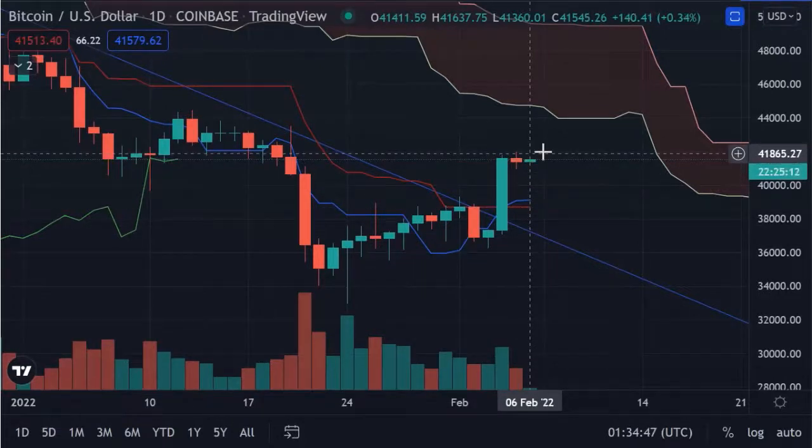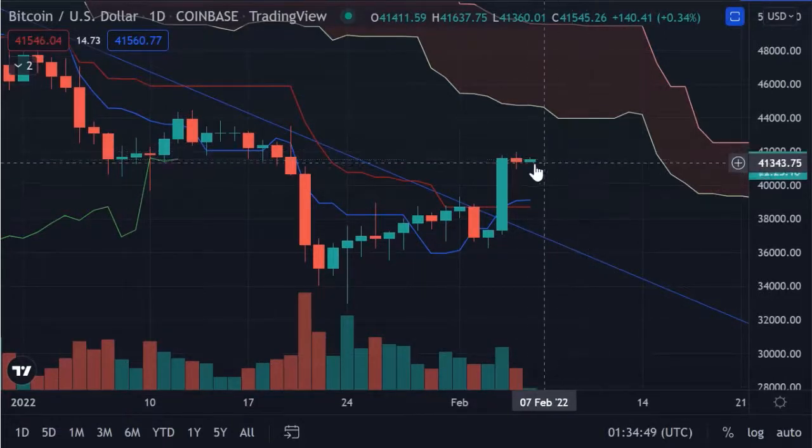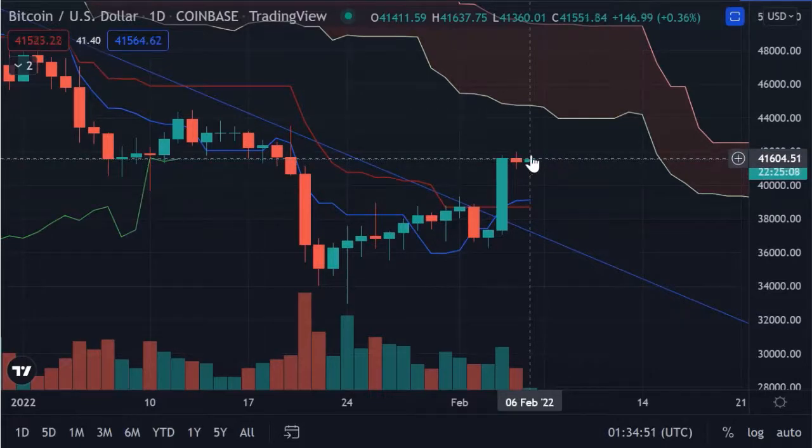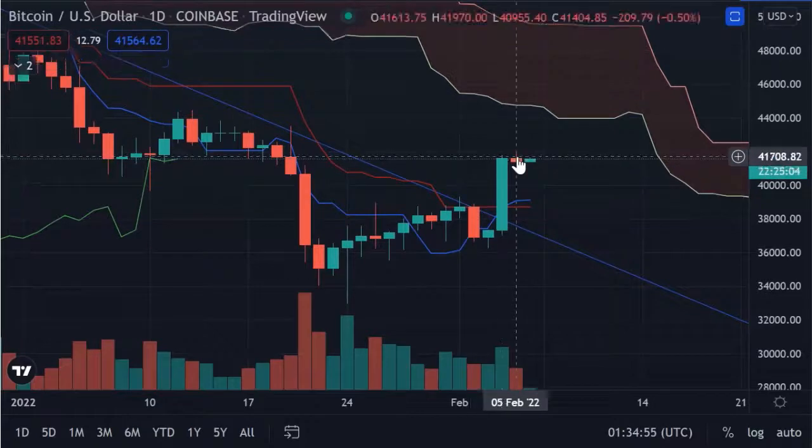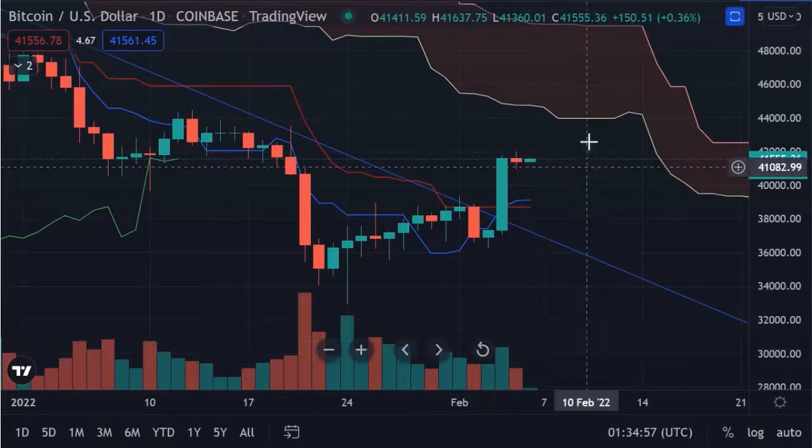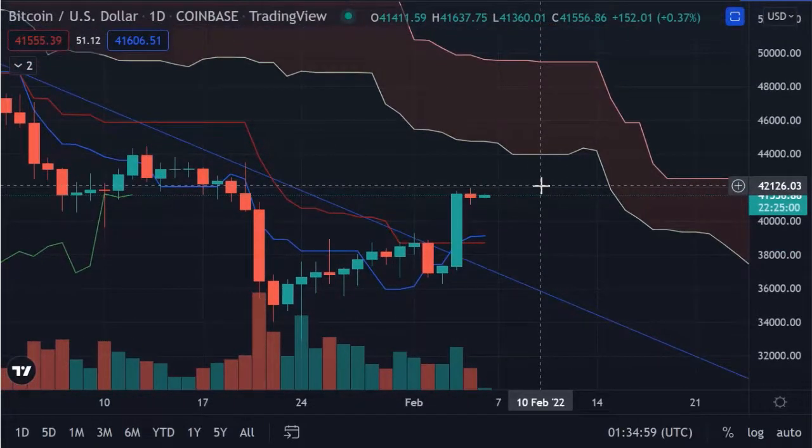So just to summarize, if this third bar breaks out above the previous high on volume, we're likely to see a complete reversal here and a breakout for Bitcoin and the remaining cryptos.